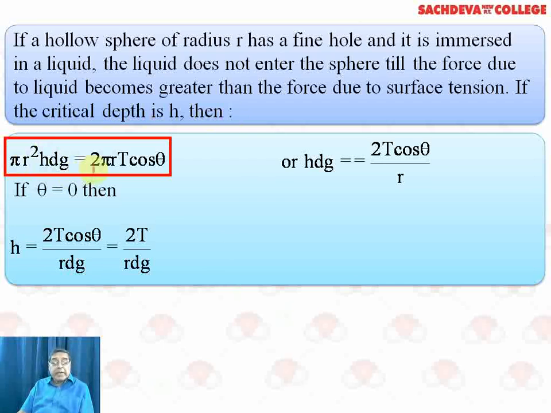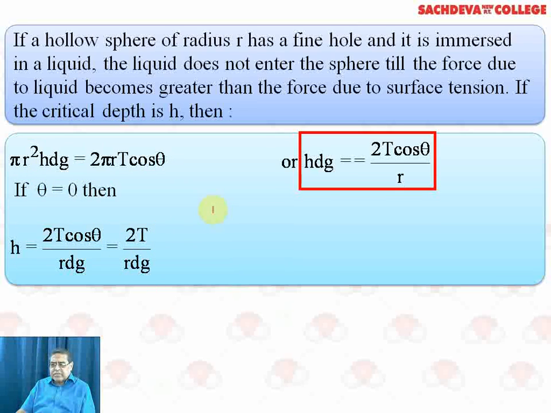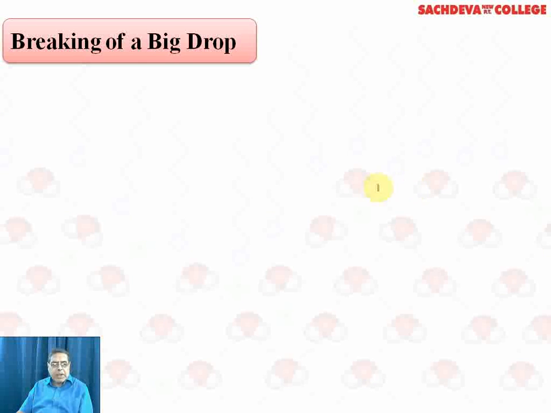So pi r square hdg will be equal to 2 pi r T cos theta. If theta is 0, then h will be 2T cos theta over rdg, and that can be written as 2T over rdg. And hdg, that is the pressure, can be given by 2T cos theta over r.